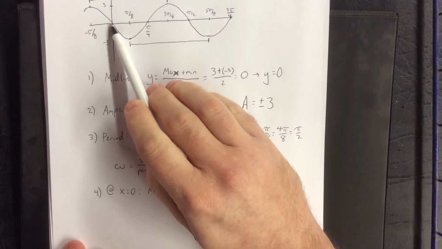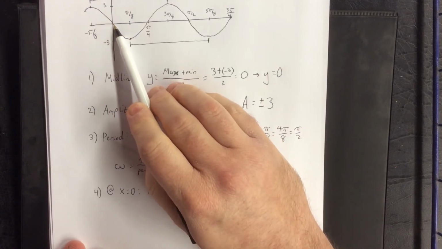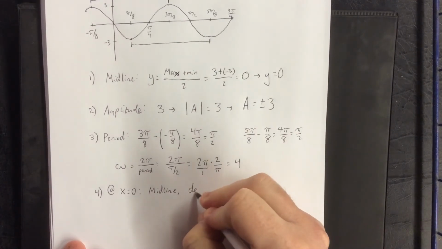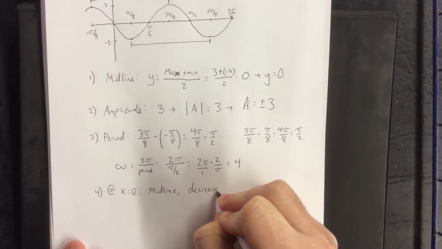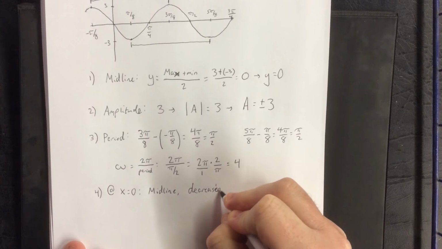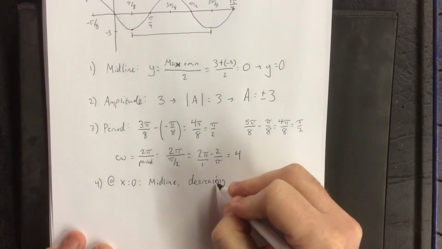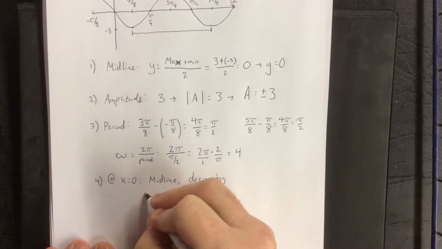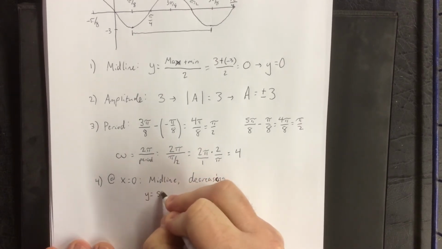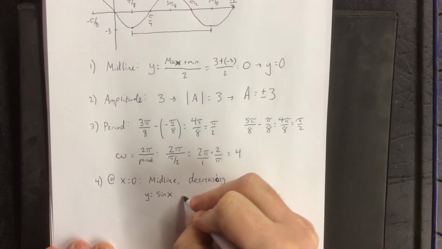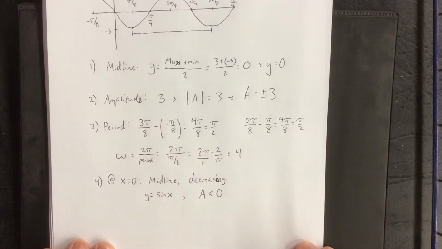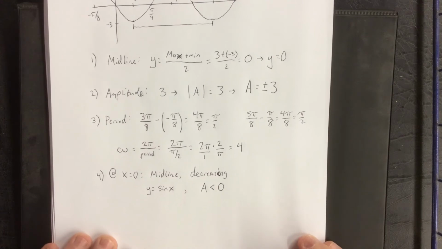And as you can see, as we're passing through the midline at x equals 0, the graph is going in the downward direction as we move to the right. That would make it decreasing. The fact that it was the midline lets us know that our mother function is the sine function. The fact that it's decreasing lets me know that A is going to be a negative value.